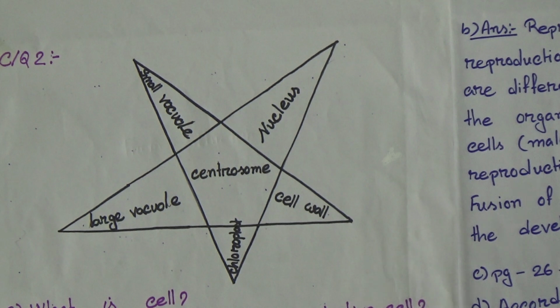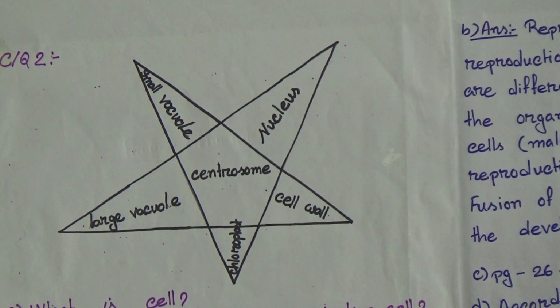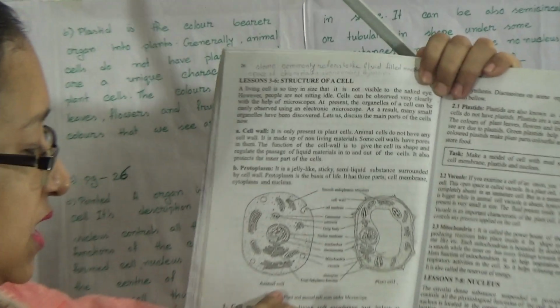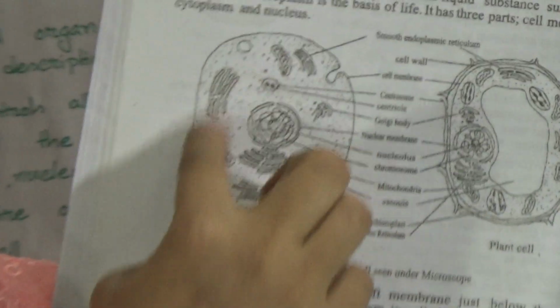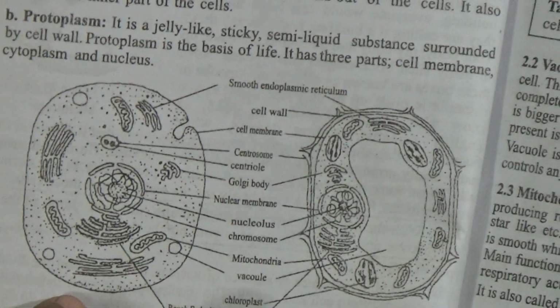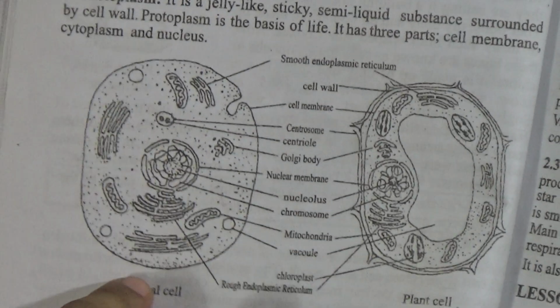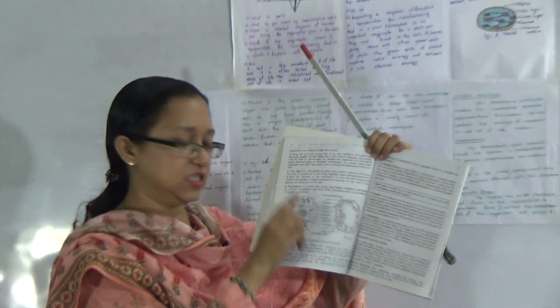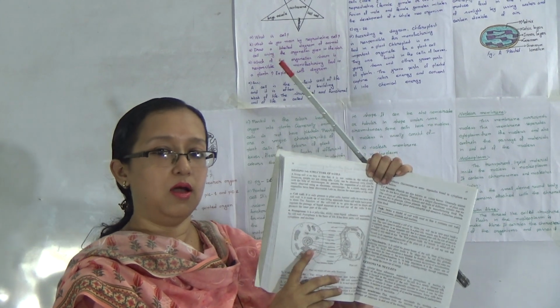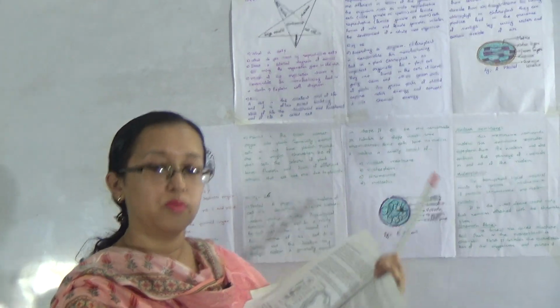You will find this answer on page number 26 of your book. Here is the animal cell and plant cell. This is the animal cell. You can draw this cell and also label these organelles which are given in the stem. So you can write the answer from your book.